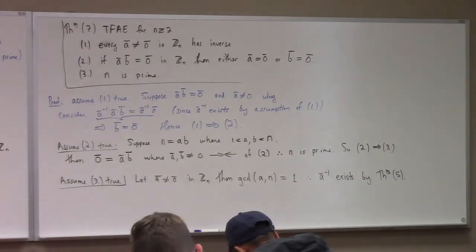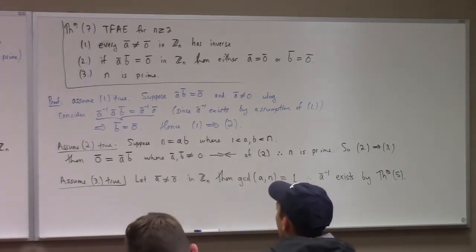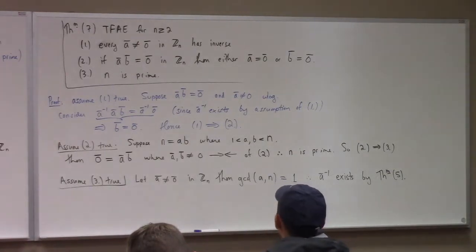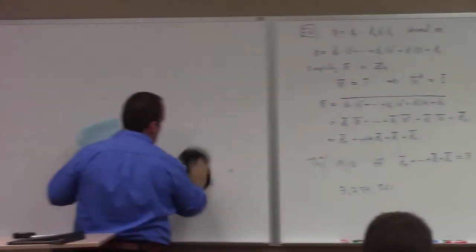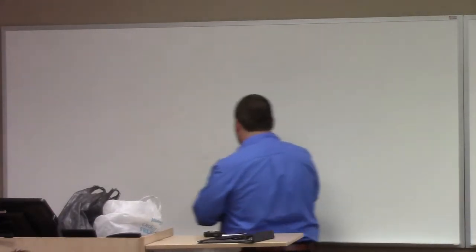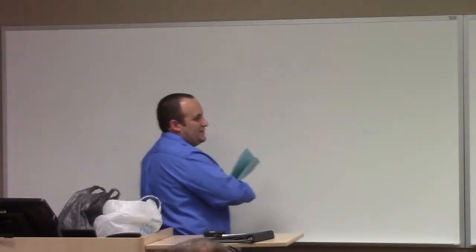Okay, moving along. Wilson's theorem says something fascinating. What does Wilson's theorem say? It's a corollary to theorem 7. Maybe I should put it over here with theorem 7, since it's his partner in crime. Come on, marker.